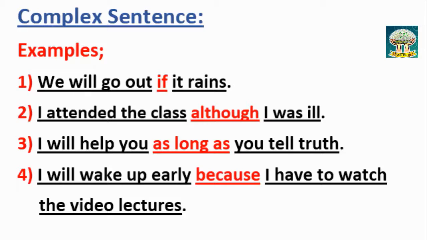Example number 3. I will help you as long as you tell the truth. Again, two simple sentences joined by as long as, which is not a FANBOY, which means this is a subordinating conjunction. Example number 4. I will wake up early because I have to watch the video lectures. Again, two simple sentences joined by a subordinating conjunction, because.